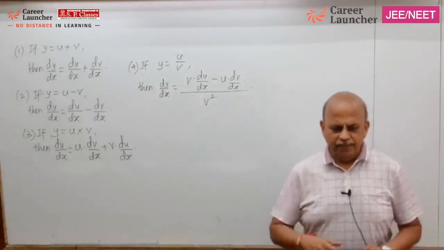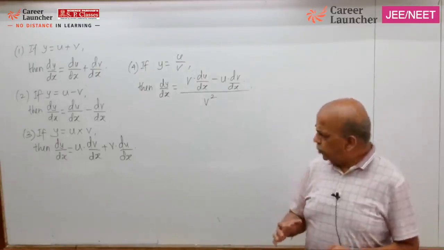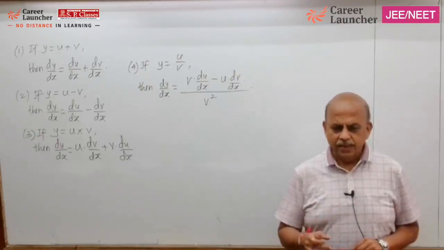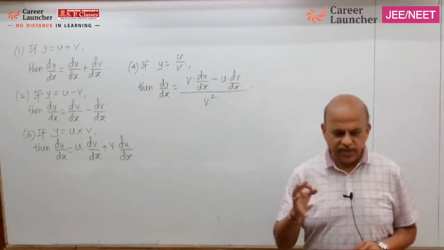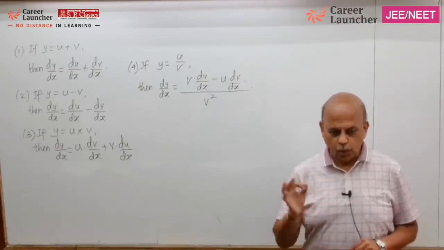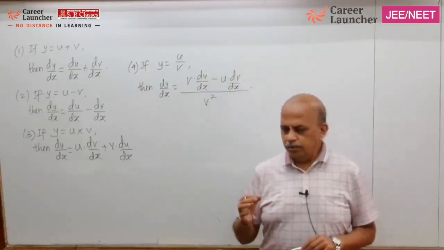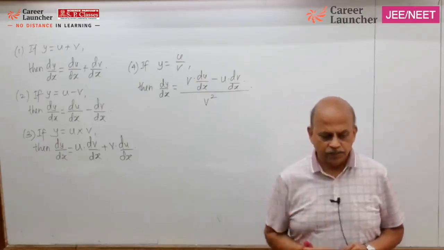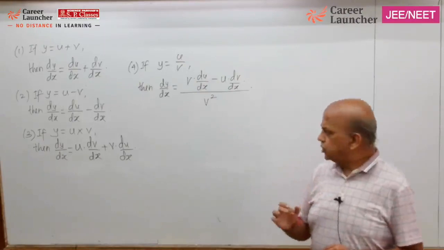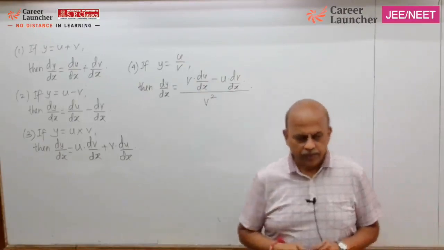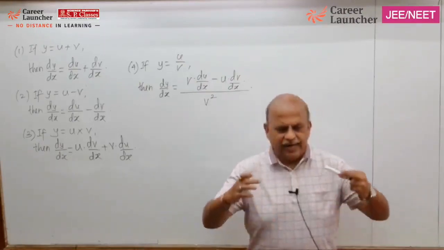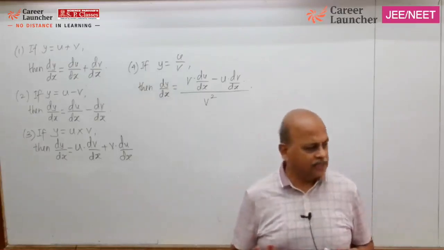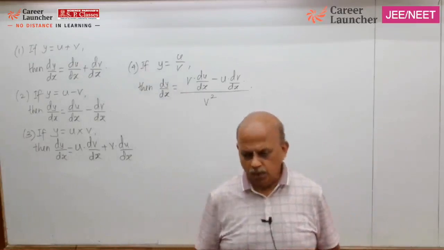But today we are going to introduce one more rule, which is called the chain rule. It is also popularly known as derivatives of composite functions. Let us introduce this chain rule first. I will give you in writing what the chain rule is, and then with the help of examples we are going to discuss it.